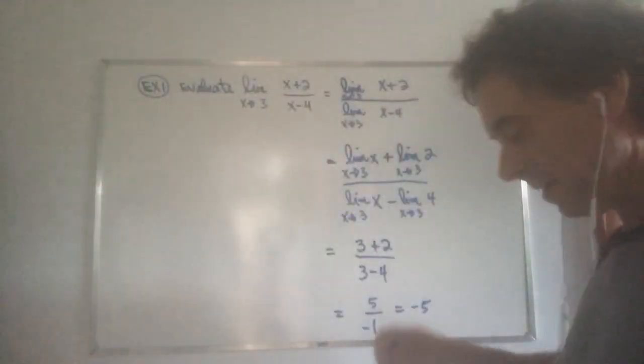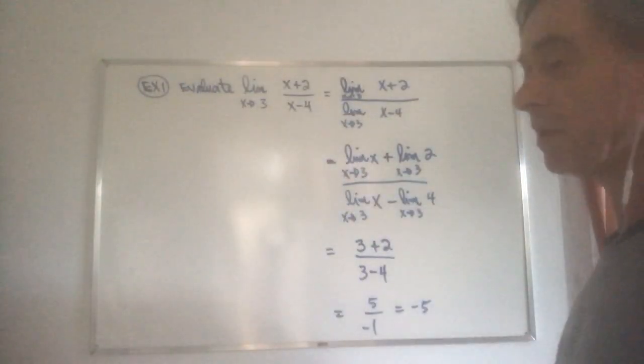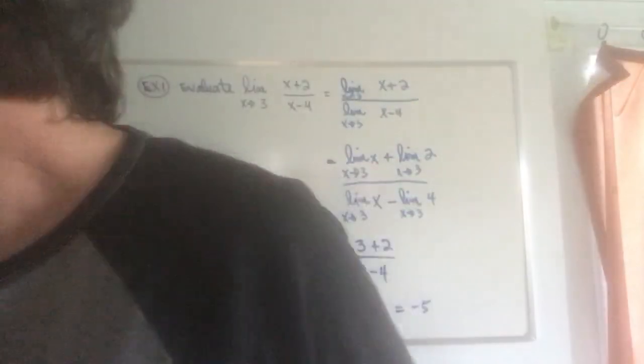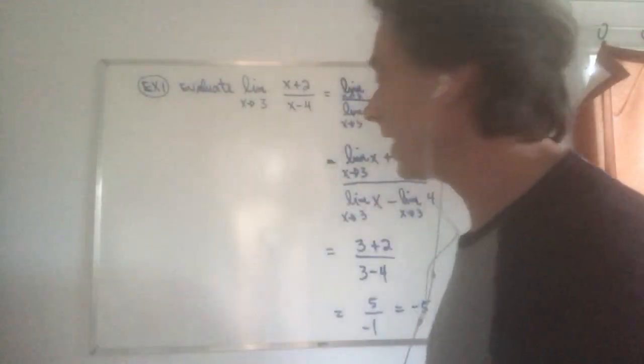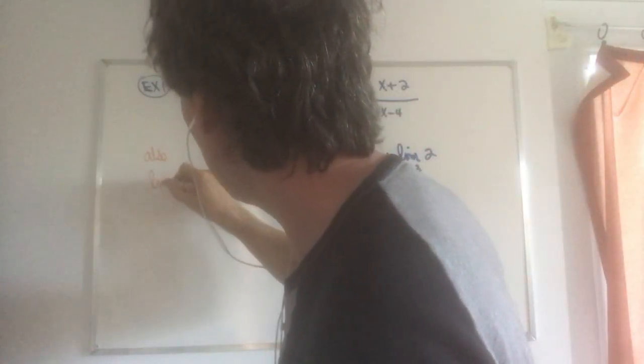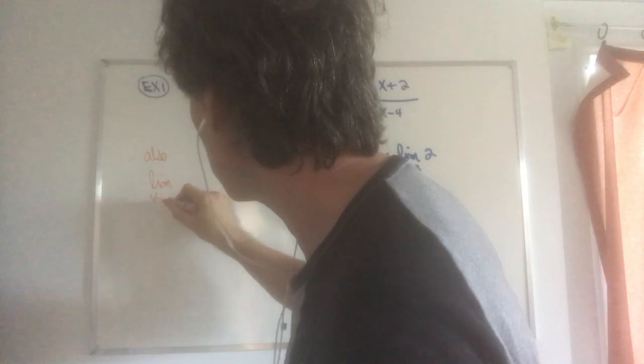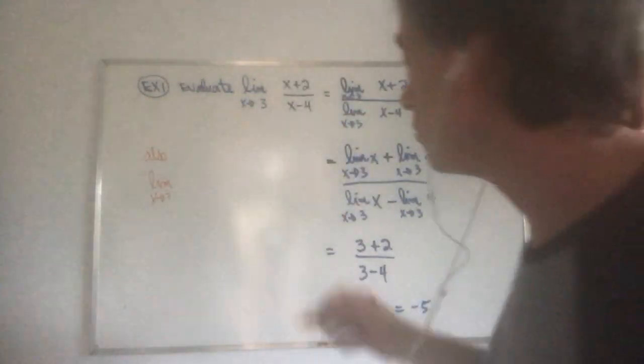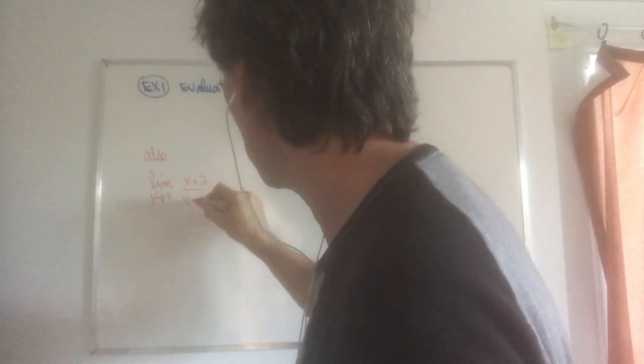Interesting, but obviously there's a much faster way of doing this, and that way is actually the cheat. So also we could do the limit as x approaches 3 of x plus 2 over x minus 4.